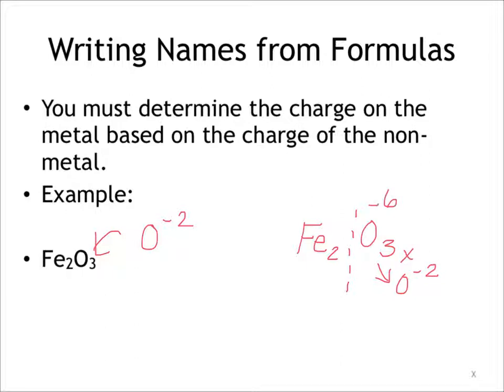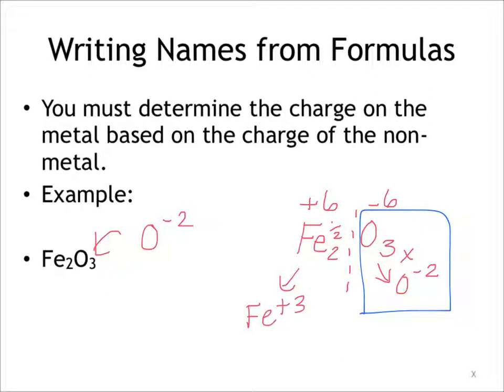If this whole side is equal to -6, that means that the other side has to be equal to +6. And if there's two Fe's, each one has to have a charge of Fe plus 3. Okay, so this is going to end up being iron, Roman numeral 3, oxide.